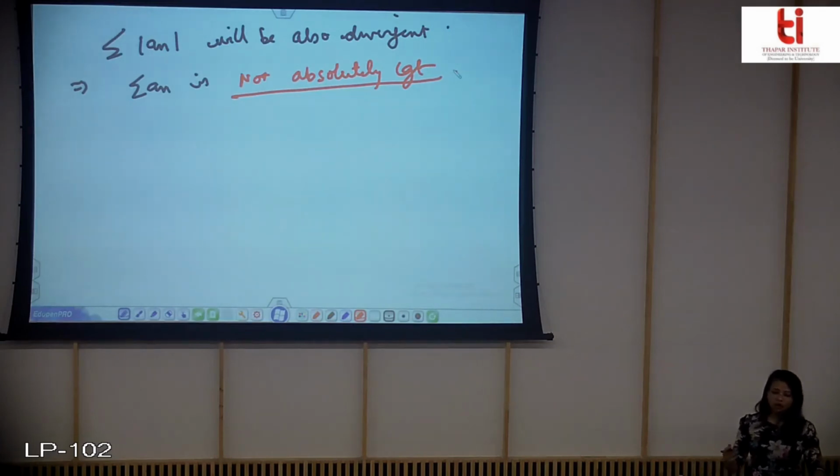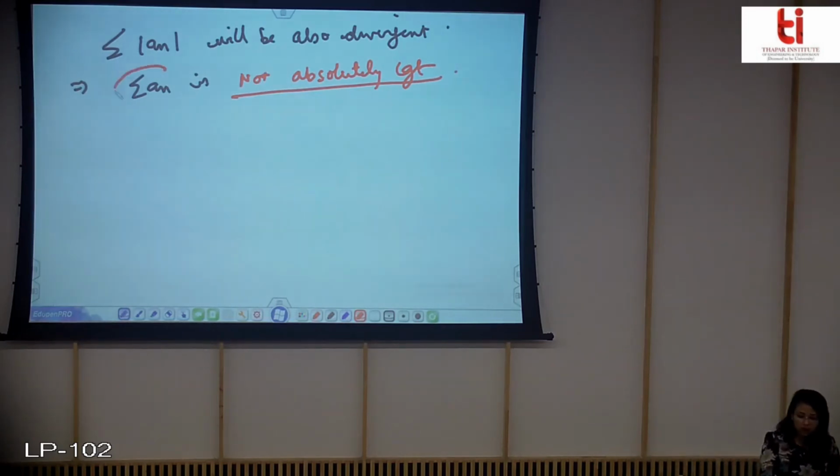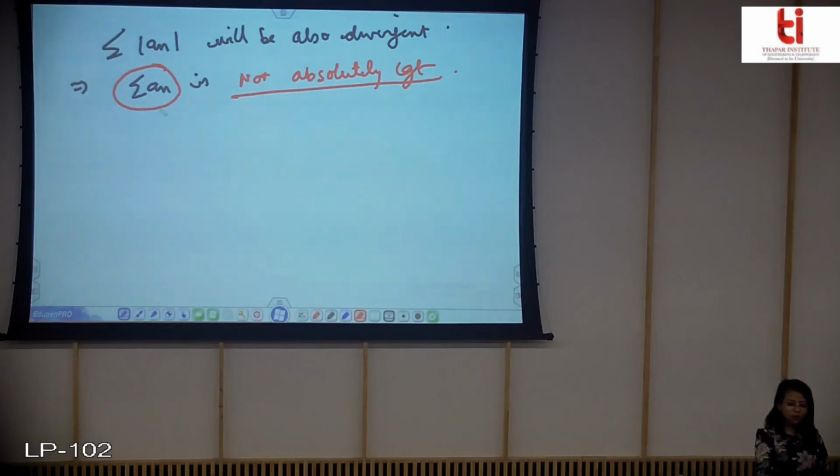Now what about the conditional convergence? For conditional convergence, we have to show that this alternating series converges and this does not. We have done the half part, that mod of a_n is not converging, but we still don't know what is the nature of this alternating series. So we have to check this by applying the Leibniz test.